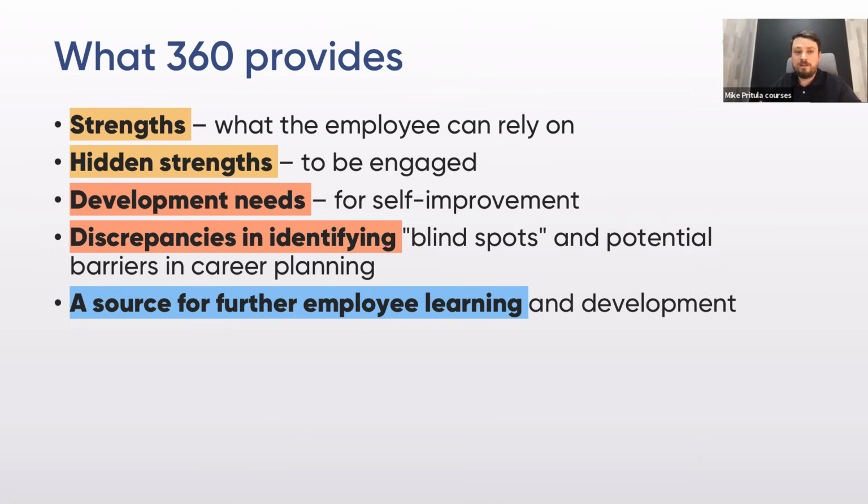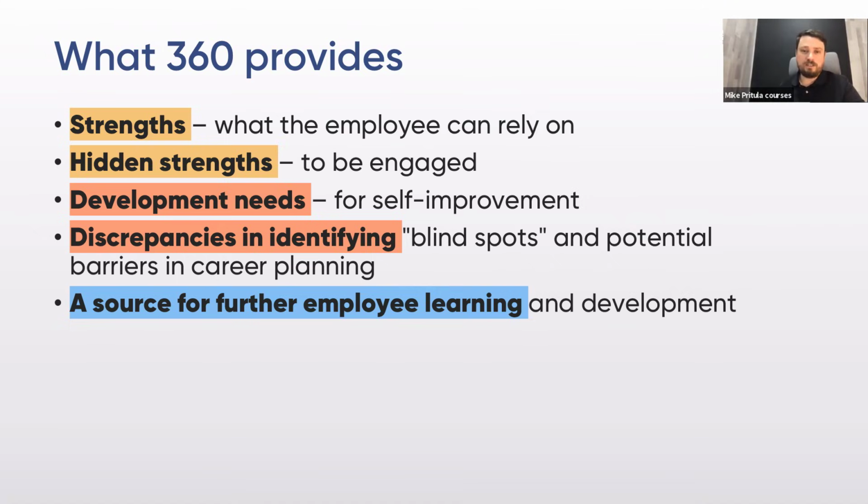That is, to feel more confident and stop doubting what they were unsure about. It will also show the need for development and reveal blind spots and barriers in one's career. And it's a great source for further employee development and training. So from the perspective of personnel development in a company, a 360-degree assessment is also one of the best sources.